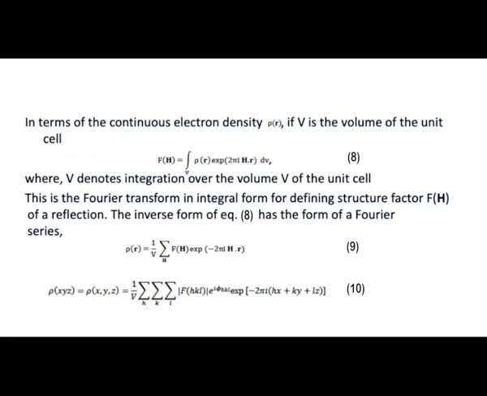If you look at the right hand side, the experiment gives you only the amplitude, mod F HKL, from the Bragg intensities. Phi HKL, the phase of the Bragg reflection, is unknown from the experiment. Unless you know phi HKL, you cannot calculate the right hand side.